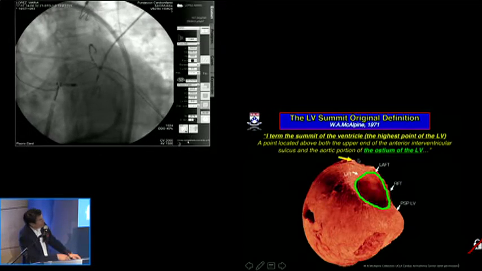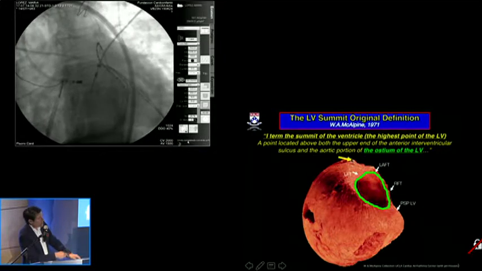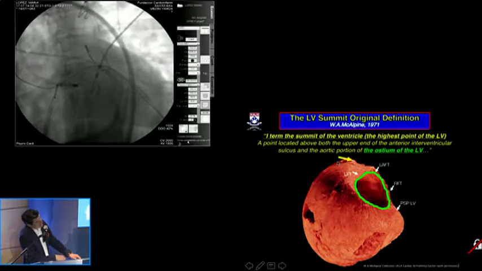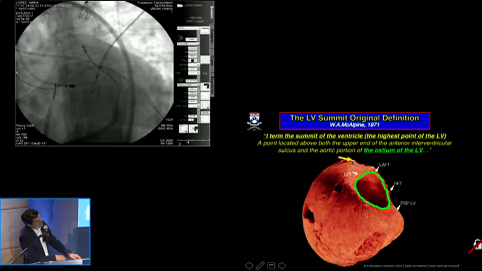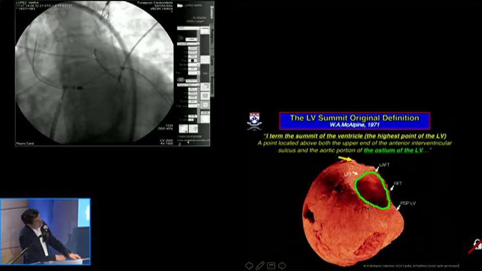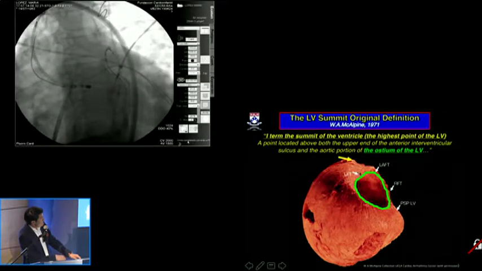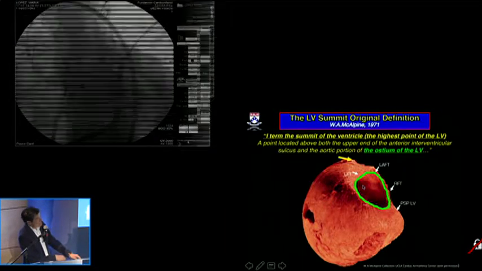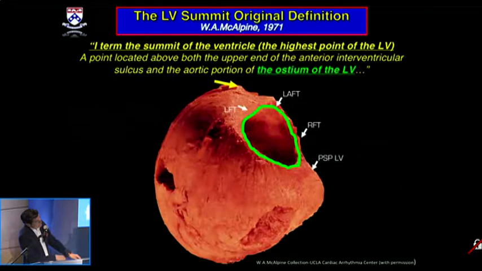I'm going to be showing with the caliper here. The LV summit would be up here, right, according to the anatomy. And we know that the catheter would be going down this way and becomes this area here. This extrasystole probably comes from here, from the lateral aspect, the most basal portion of what is known as the LV ostium, which is this green line.